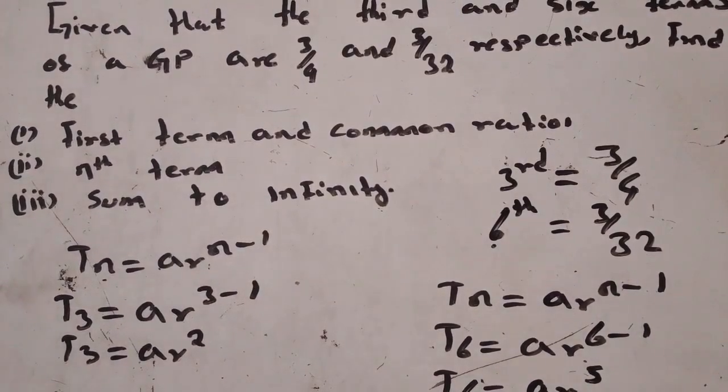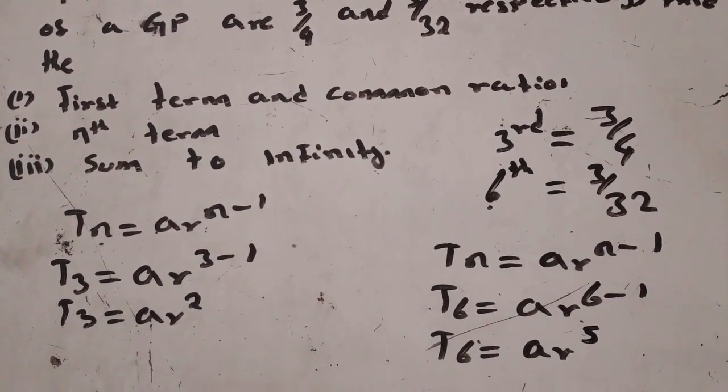In short, the power of r is less than the term number by 1. So T3 is equal to ar squared, and for the sixth term we found ar to the power 5.